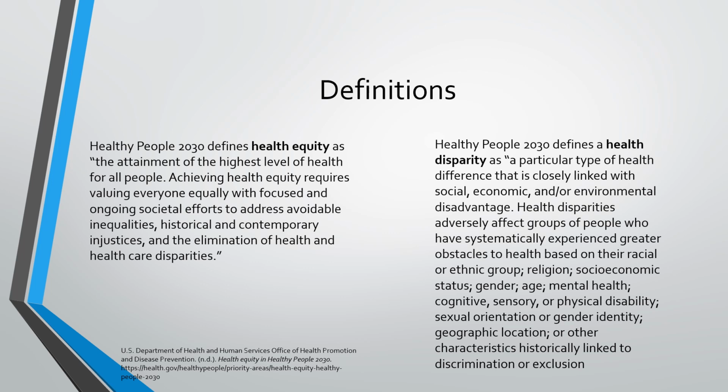And this can be based on racial or ethnic groups, religion, socioeconomic status, gender, age, mental health, and the list goes on. Cognitive, sensory, physical disability, sexual orientation, gender identity, geographic location, so thinking about those very urban or very rural areas where access may be an issue, or other characteristics that have historically been linked to discrimination or exclusion.